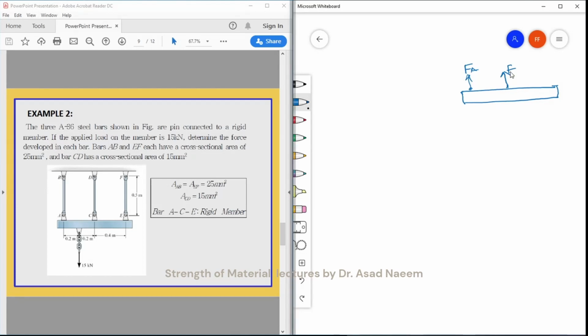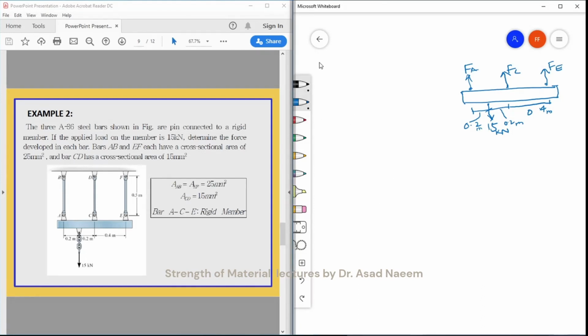F, A, C, and E. So this is our free body diagram for this structure with the load 15 kilonewton.